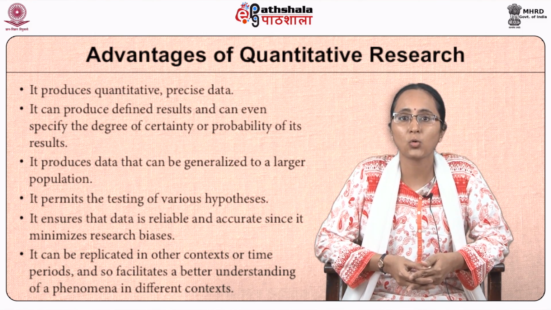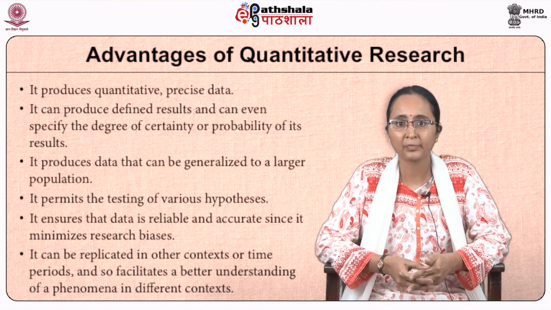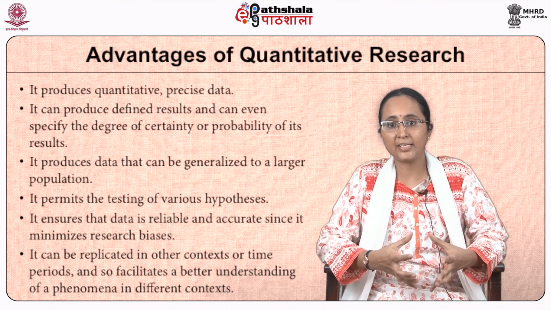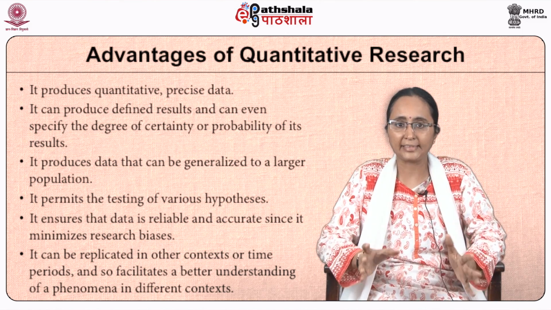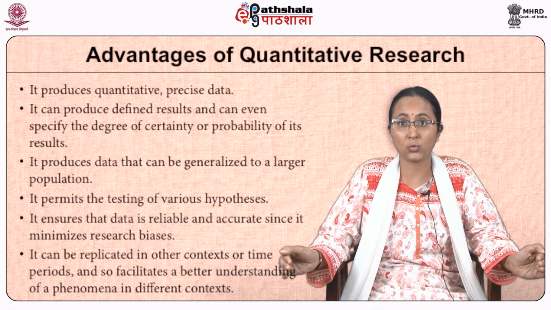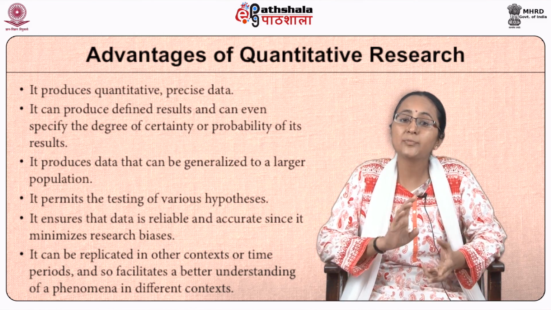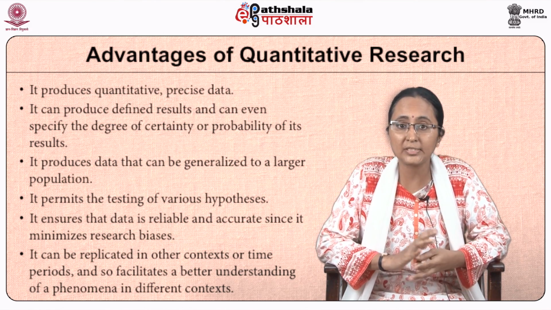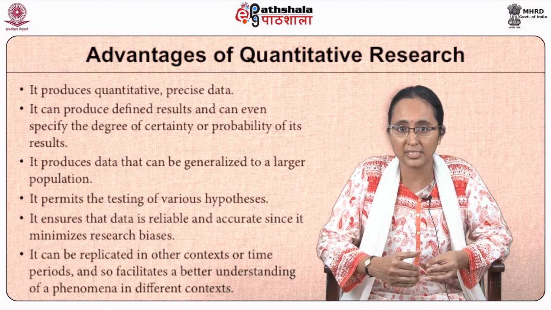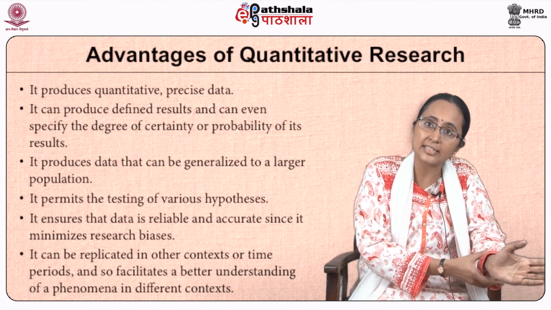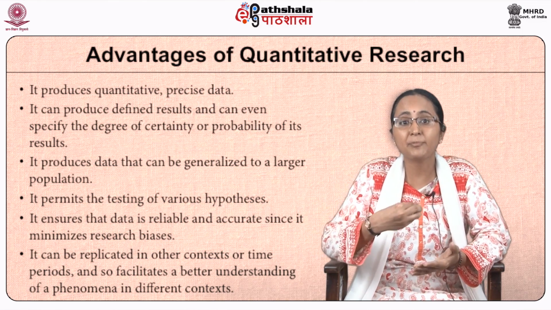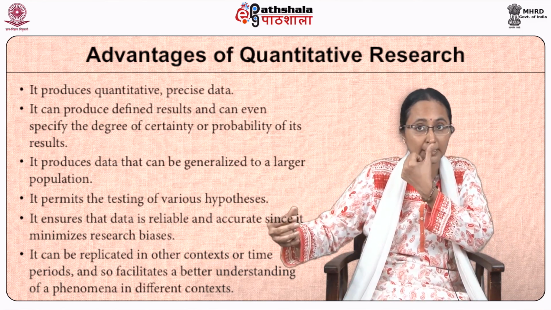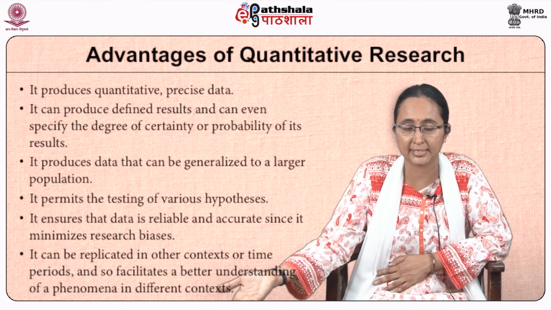Advantages of quantitative research. Greatest advantage is you can produce precise data and in great quantities. You produce data on defined results, because you've already defined the results at the beginning of the study. You know what you're expecting, and you can specify the degree of certainty or probability of the results.